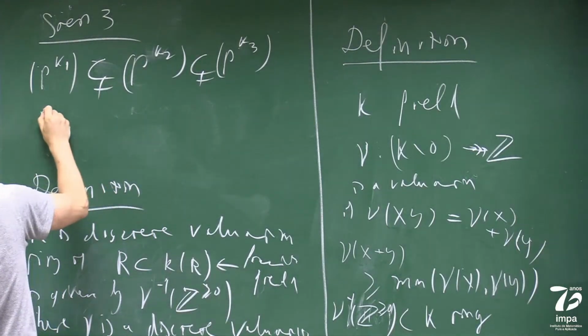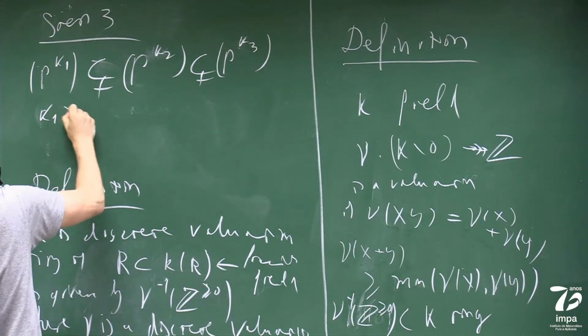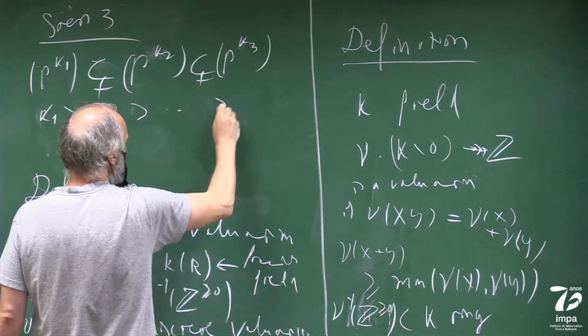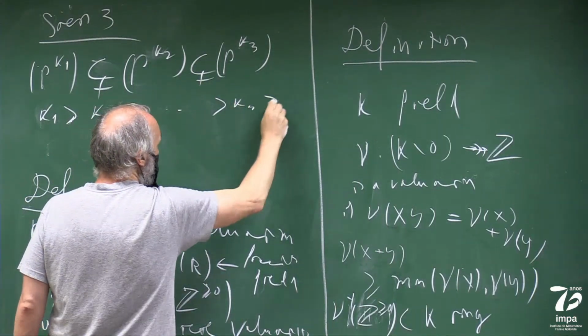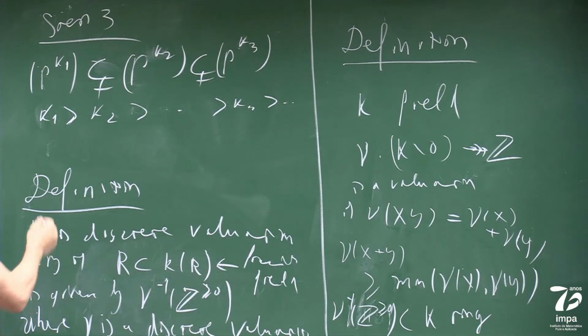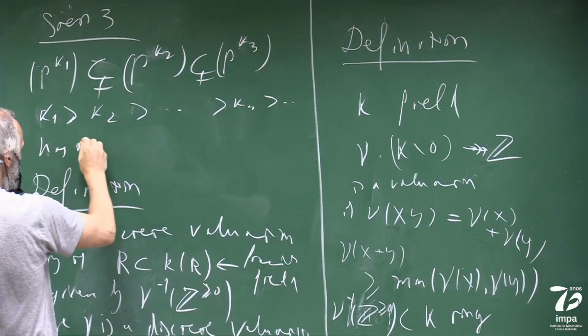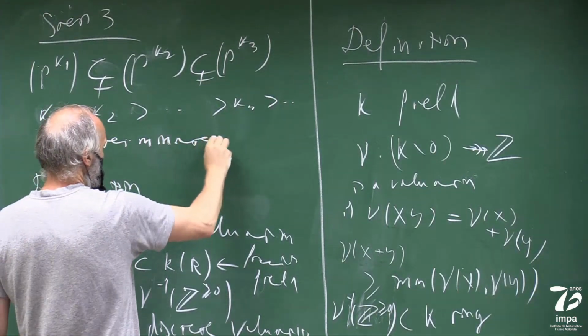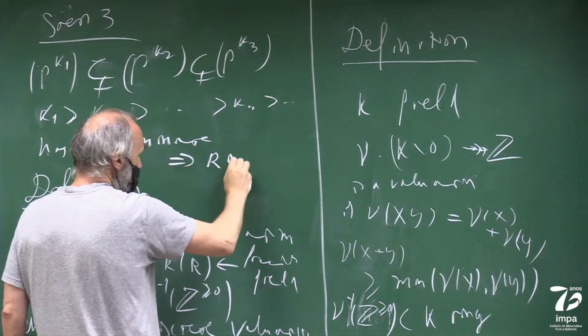So this means that k1 is strictly bigger than k2, strictly bigger than k3, and so on, and this has to terminate because they are all positive integers. And this implies that R is Noetherian.